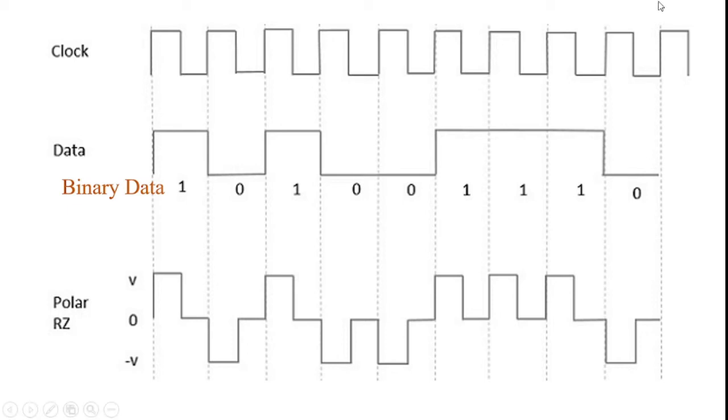Half of the bit duration remains high, and the remaining half of the bit duration is considered as the absence of the pulse. And this is low in data. Similarly, for low in data, its duration T naught is less than the symbol bit duration, and half of the bit duration is considered as a negative pulse.